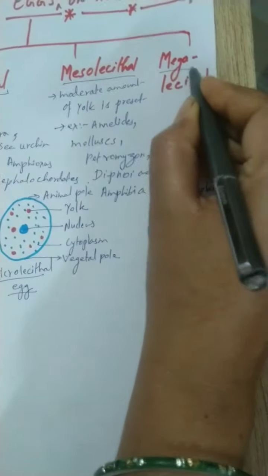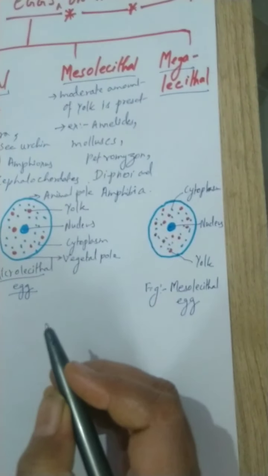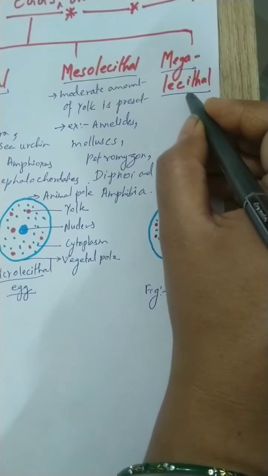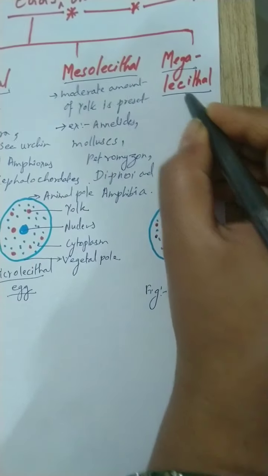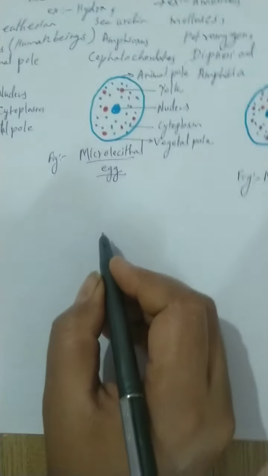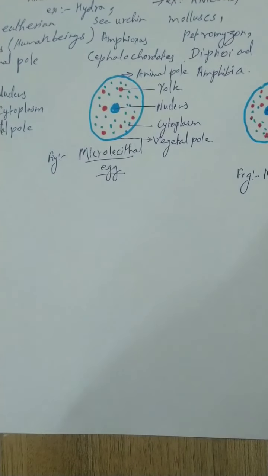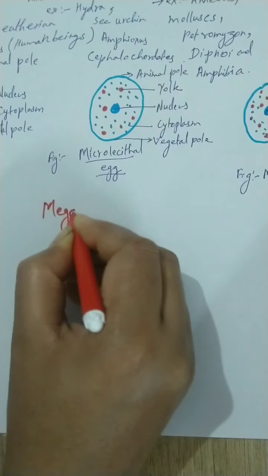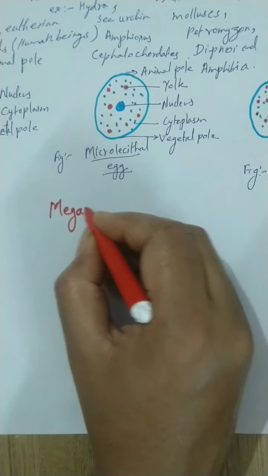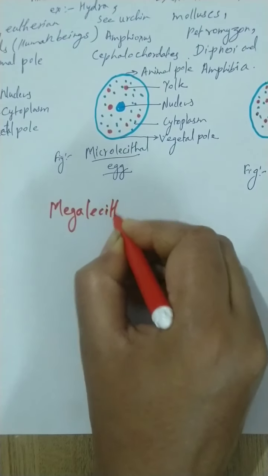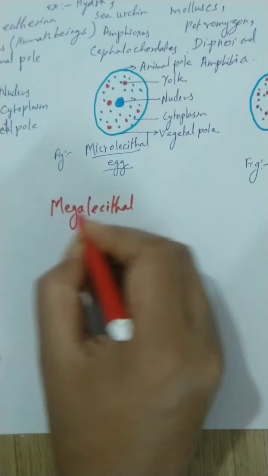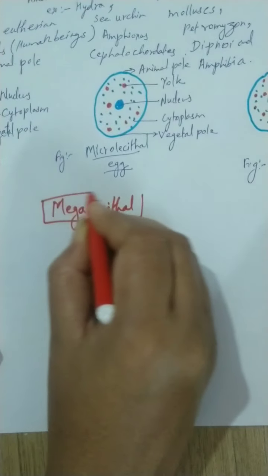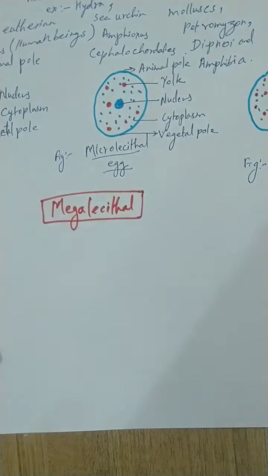Here space is not sufficient to make the diagram, so we will study the megalecithal type of eggs here.